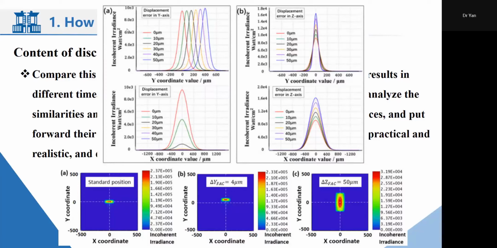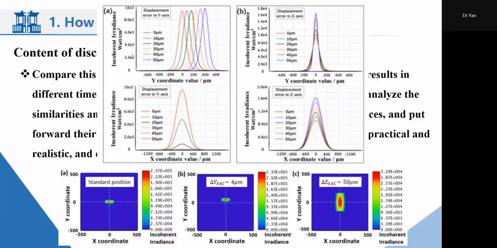When the displacement error comes up to 50, this blue curve will go right as the y coordinate increases. See that? You can see this in these two figures.